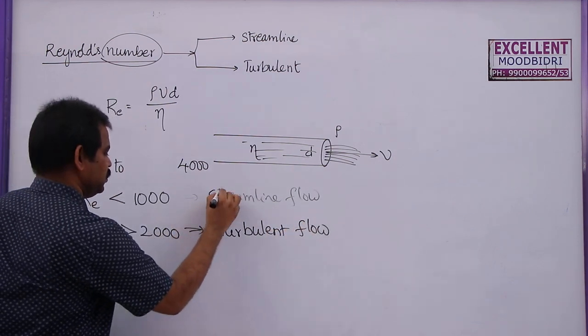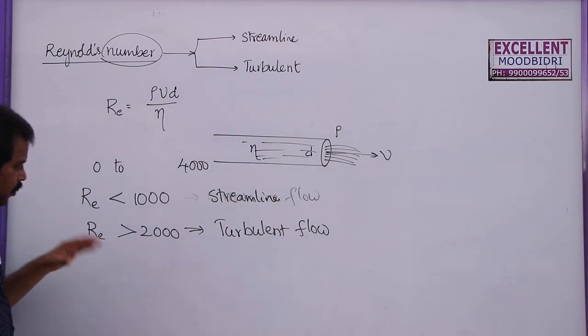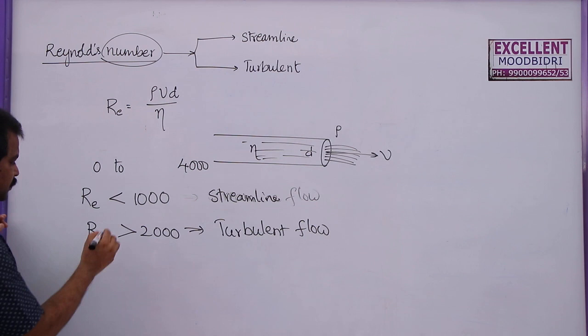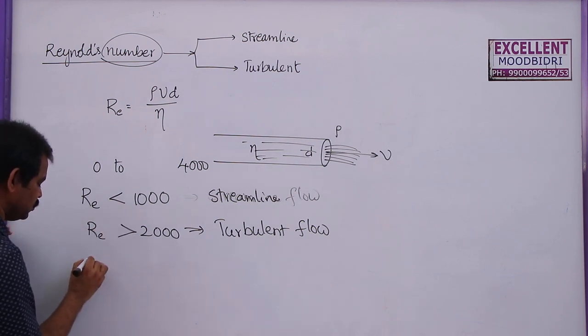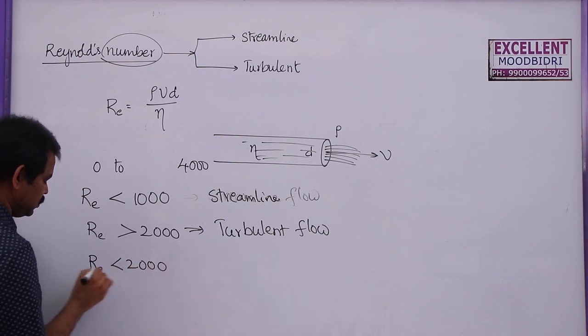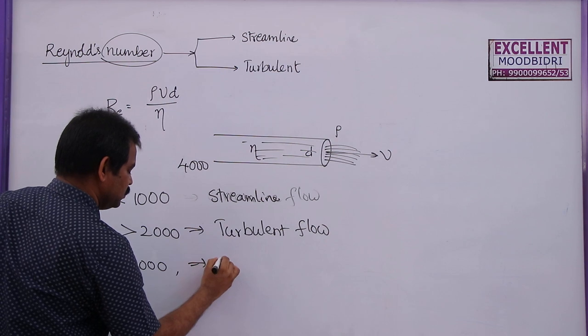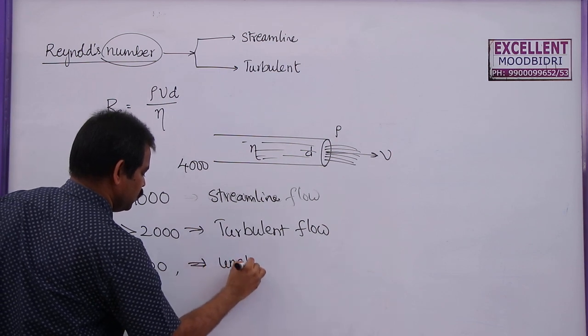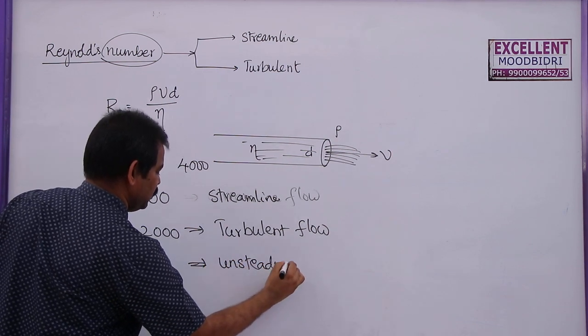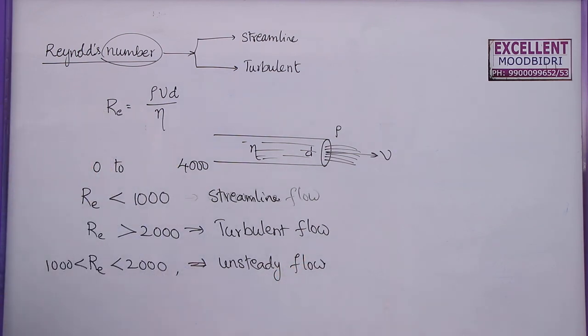Suppose the Reynolds number lies between 1000 to 2000, if Re is less than 2000 but greater than 1000, then this is an unsteady flow. So this is neither streamline nor turbulent. So this is known as unsteady flow.